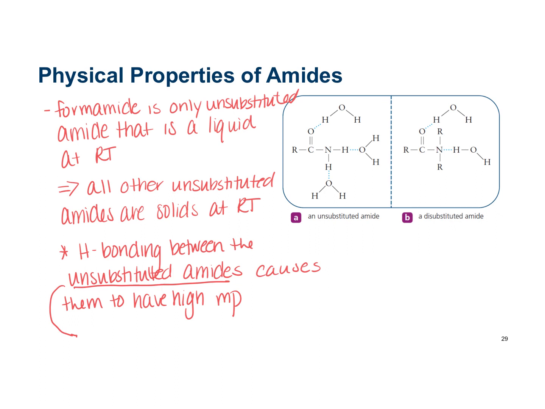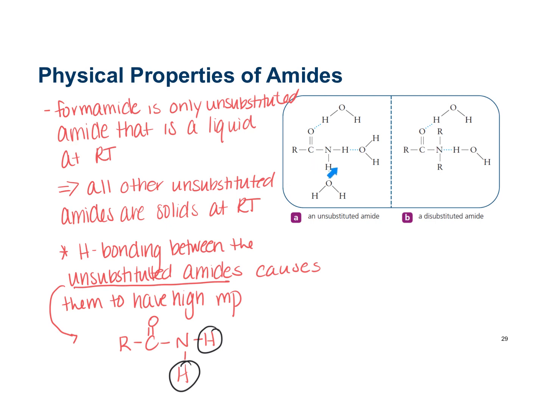I want to show you an unsubstituted amide. What we're talking about here is you've got an amide, and when it's unsubstituted, it means that there are two hydrogens here. There are not any CH3 groups. Now, when you substitute an alkyl or aromatic group for hydrogen atoms, that reduces the number of intermolecular hydrogen bonds that can form, and it causes the melting point to decrease.